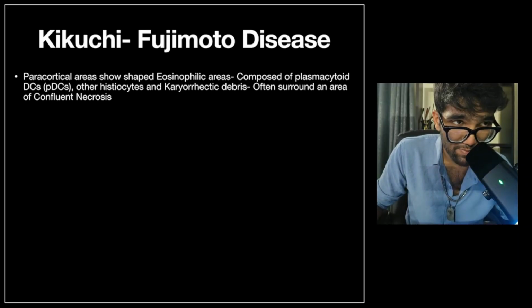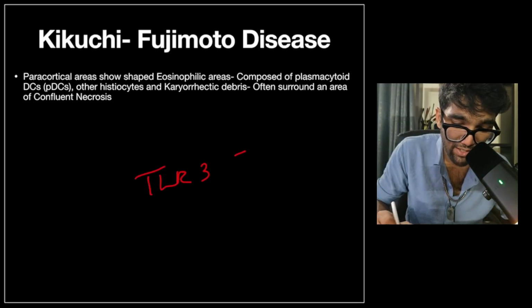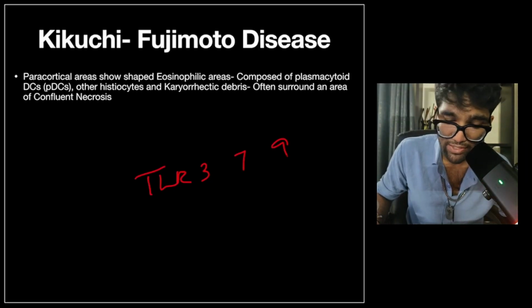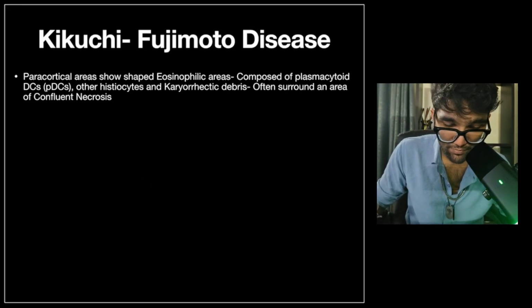So it expresses TLRs 3, 7, and 9, and these are toll-like receptors that bind to nucleic acid fragments and therefore detect viral infection predominantly. It also contains karyorrhectic debris.